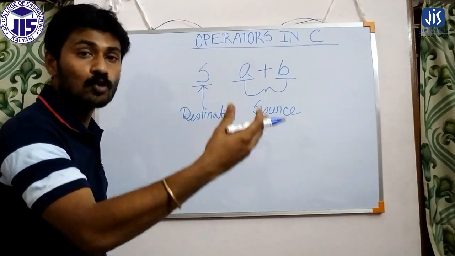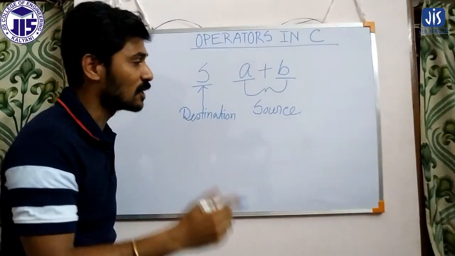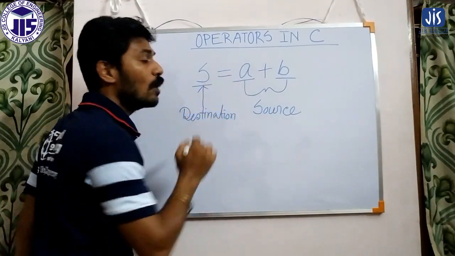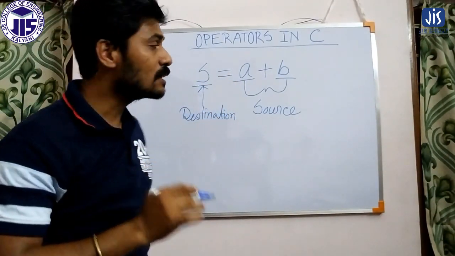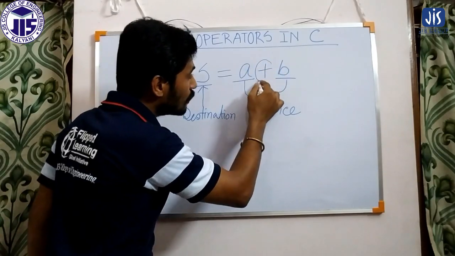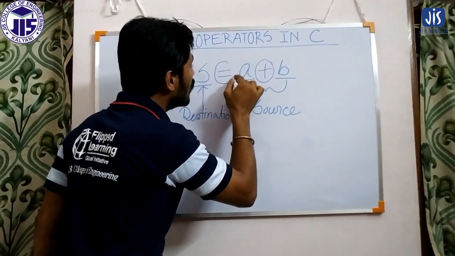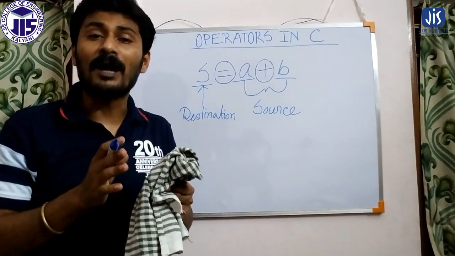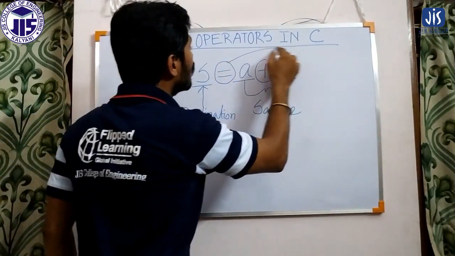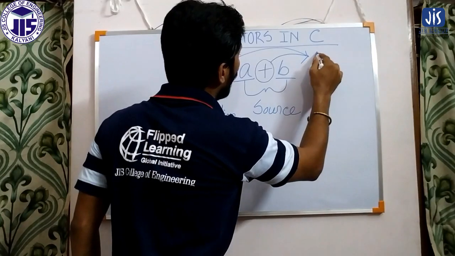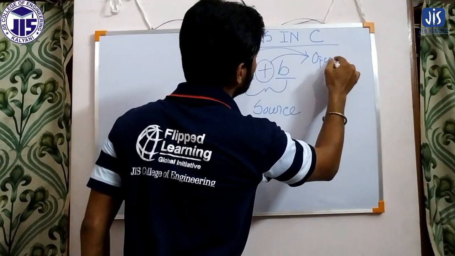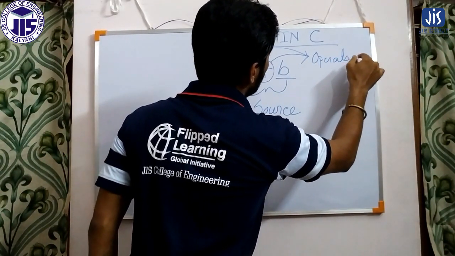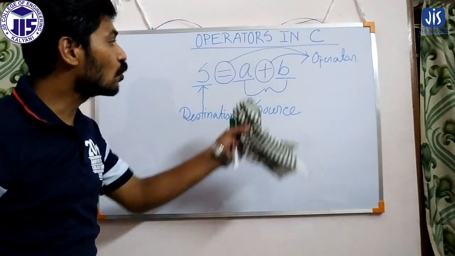This assignment is also another operation, so for that the equal to sign is required. Using this plus sign and this equal to sign, we can represent what operation is going to be performed. These two are called operators.